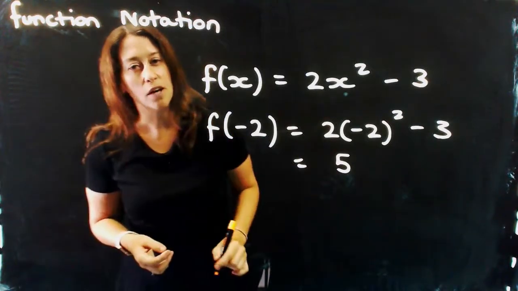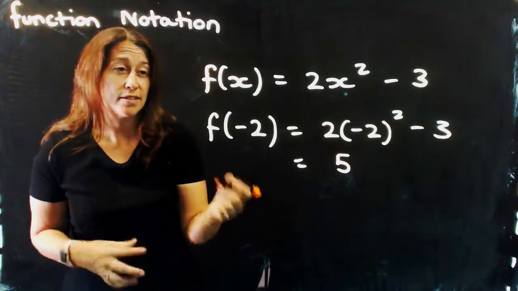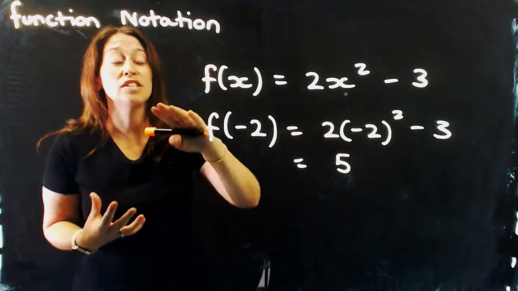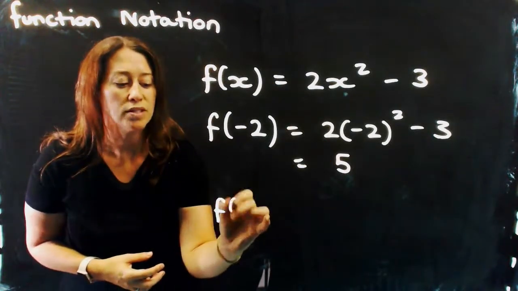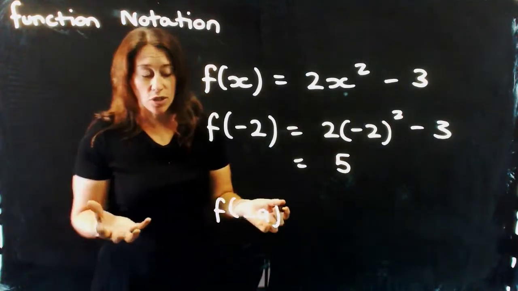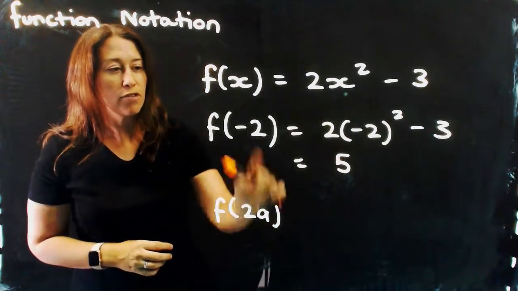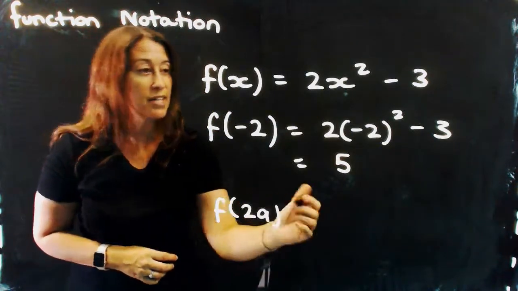Now you can substitute other things in. You don't just have to substitute numbers in, you can substitute algebraic letters in. So for example, let's suppose I wanted to change the function in terms of x and find, well, what's f of 2a? Again, it's just a substitution thing. All I've got to do is wherever I see the x within the function, I substitute 2a in its place.